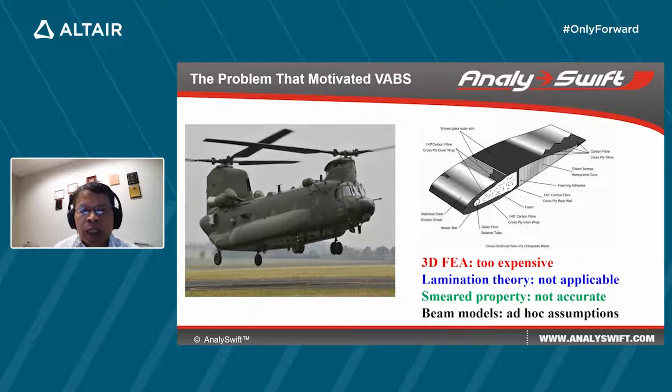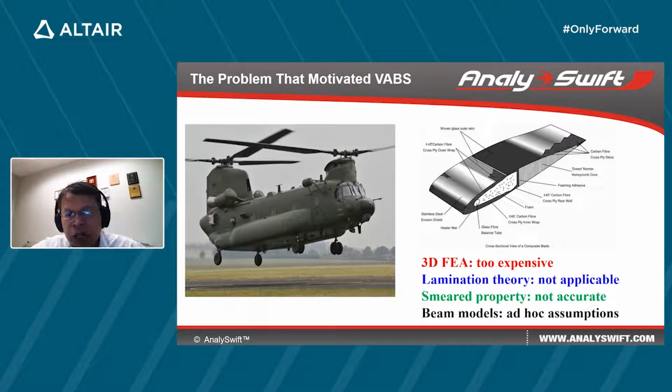The cross section itself could be made of dozens of composite layers for the skin and hundreds of composite layers for the spar, and also filled with other materials. Each composite layer is about 100 micron, 0.1 millimeter. So we have significant length scale difference.